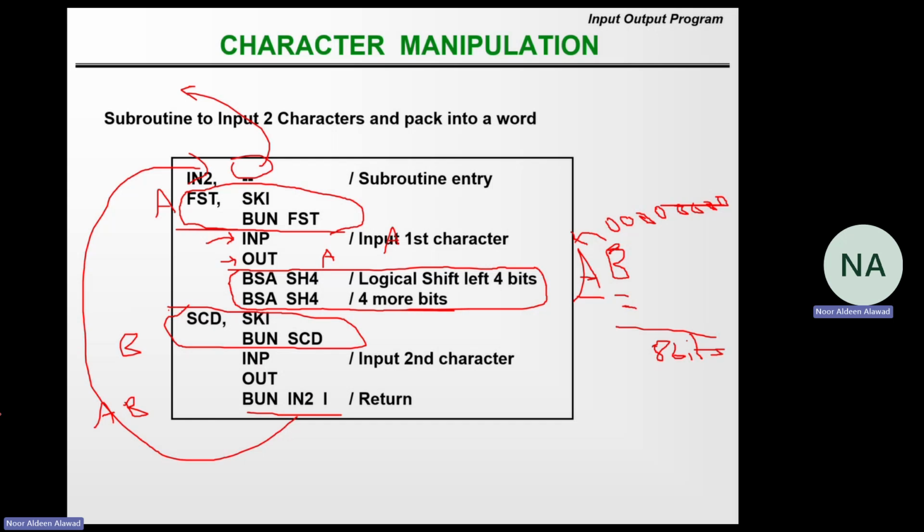So this is an example of how to pack two characters together to form a word in memory which contains 2 characters. We use a subroutine 2 times, and this is the usefulness of using a subroutine: you are not required to write the whole code more than one time. So just one time, and call it many times.